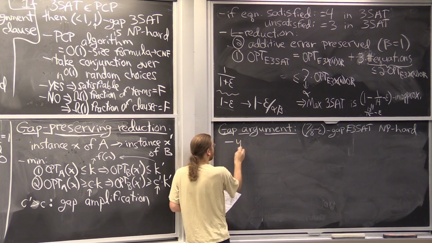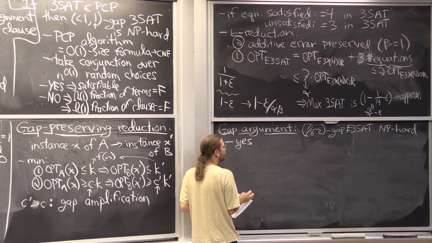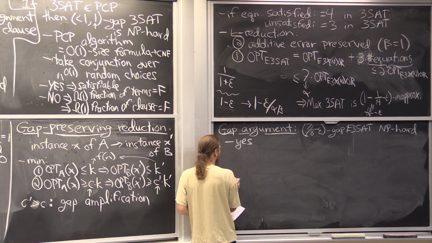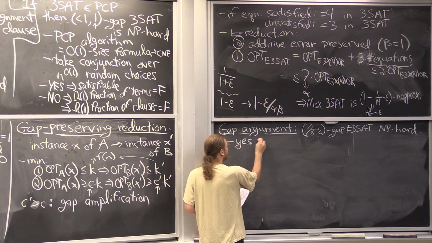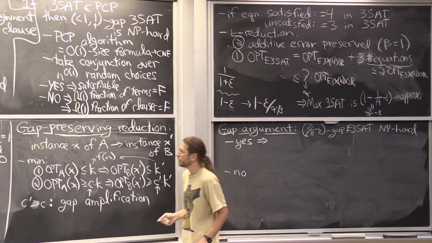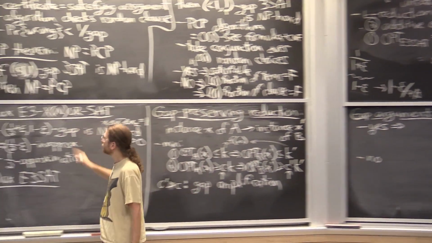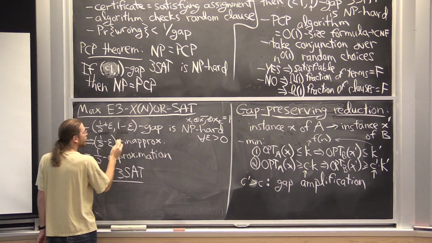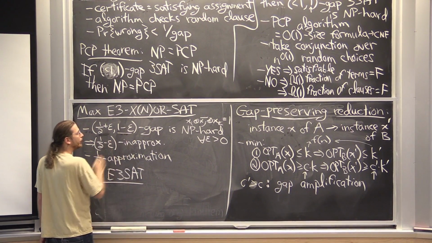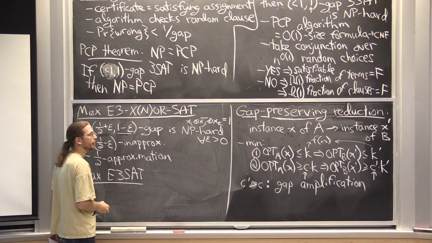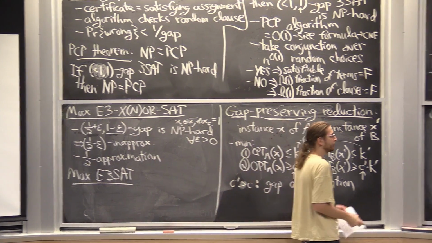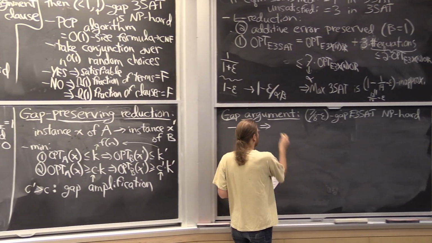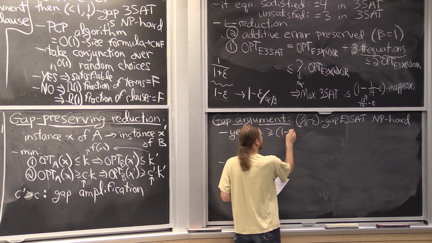And so the idea is the following. Either we have a yes instance or a no instance. If we have a yes instance to the equation problem, then we know that at least 1 minus epsilon of the equations are satisfiable. Okay, so we have 1 minus epsilon.